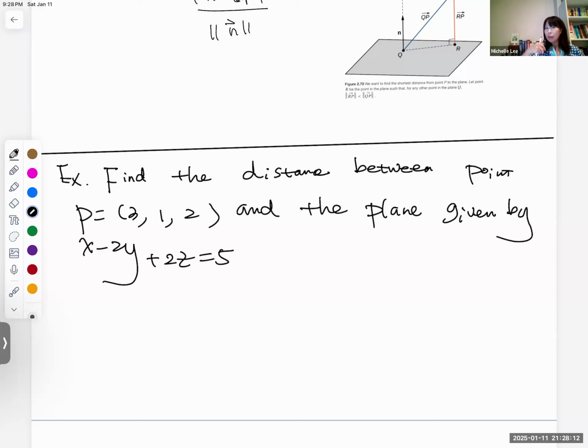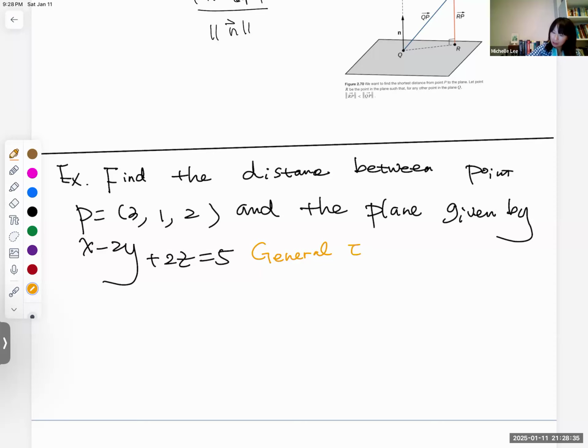And then we just learned how to find the equation, right? So this is the general form. General equation.